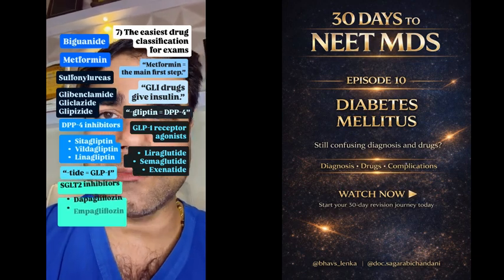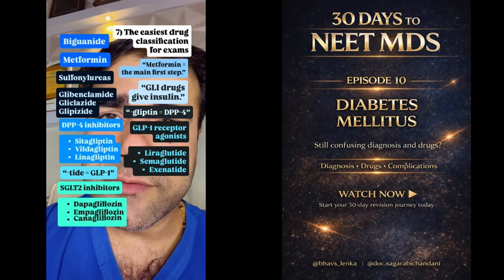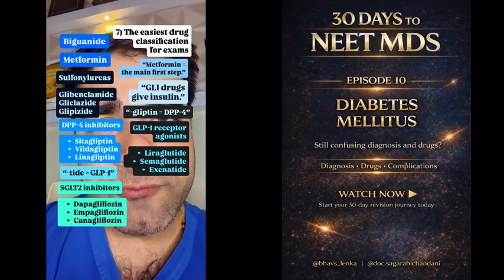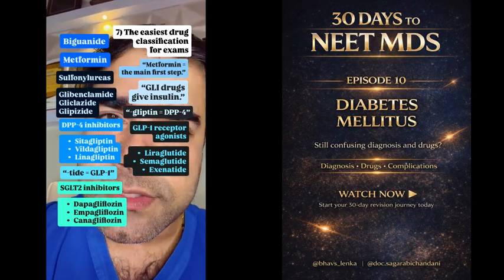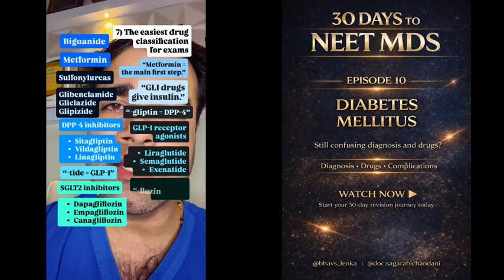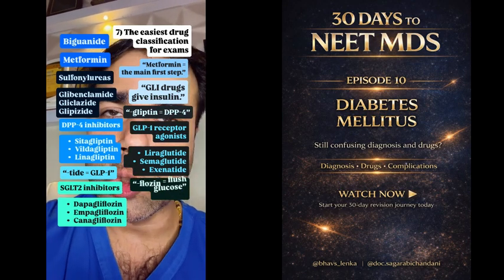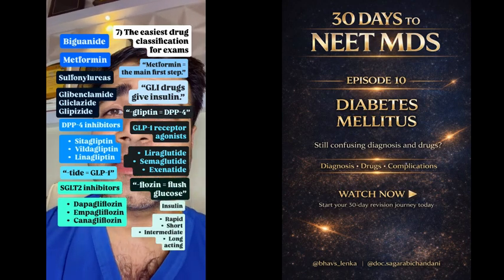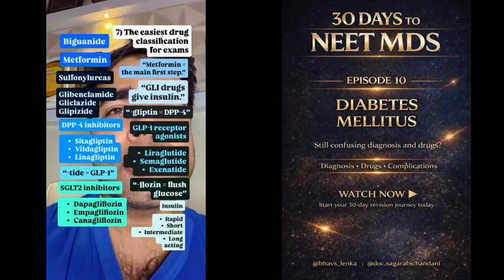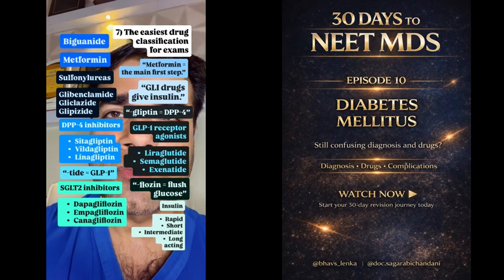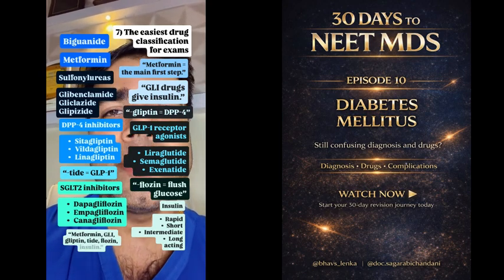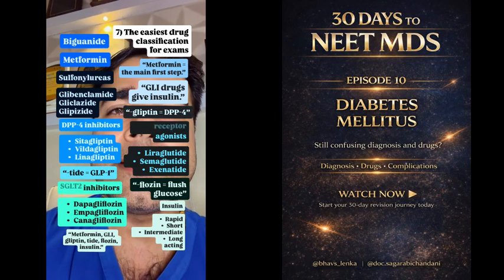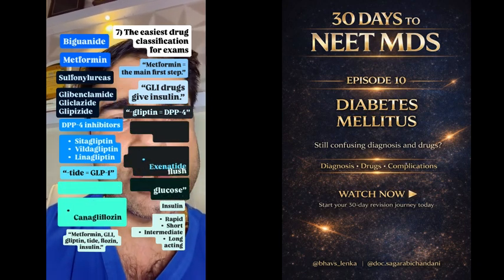SGLT2 inhibitors, dapagliflozin, empagliflozin, canagliflozin. Mnemonic, flozin, flush, glucose. Insulin, always remember, rapid, short, intermediate, long acting. Students chant metformin, GLI, gliptin, tide, flozin, insulin.